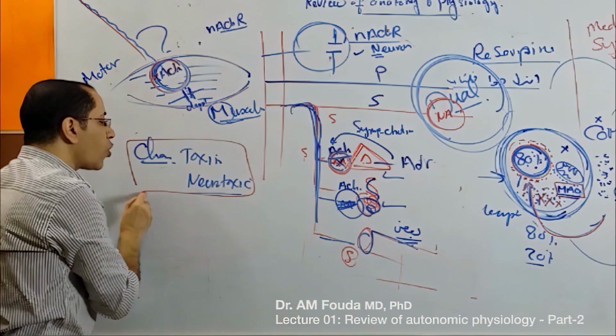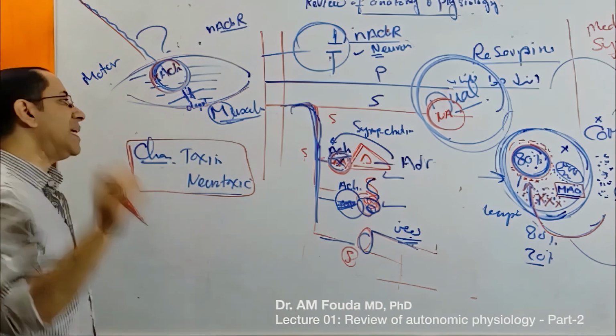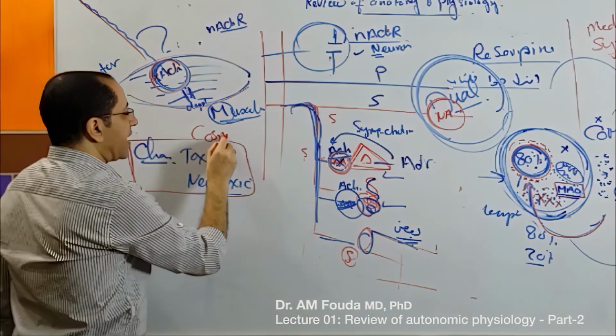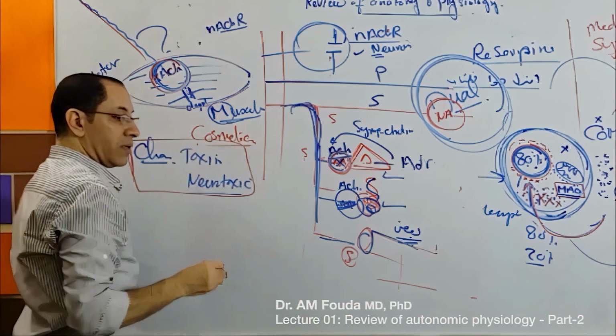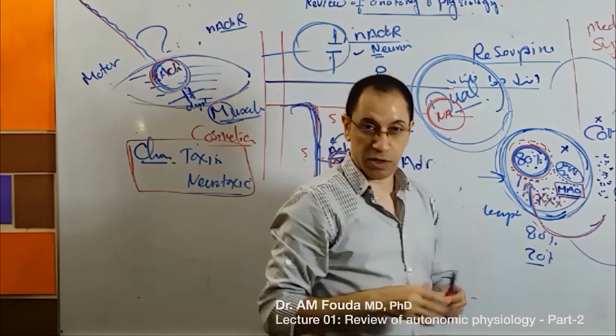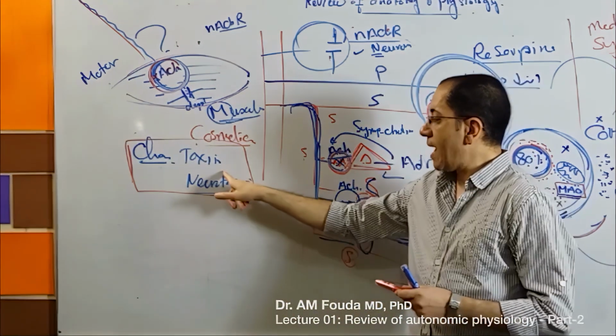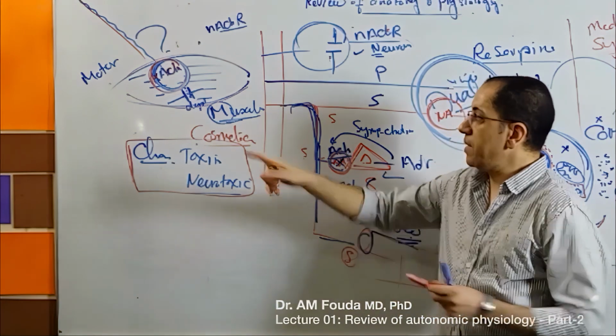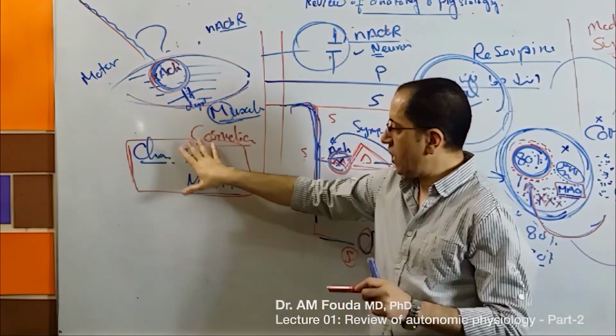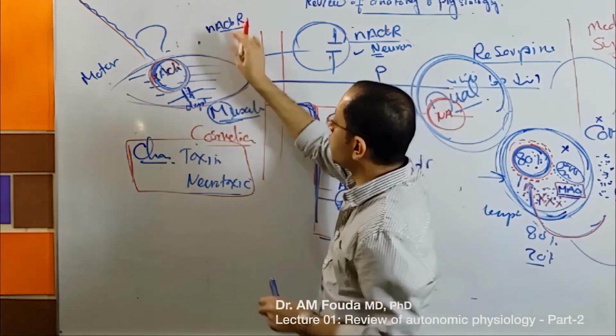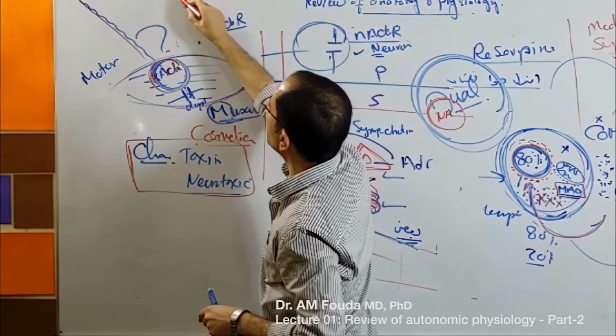That's why it causes paralysis. Now they are using this toxin in cosmetics, however, in very tiny amounts. This toxin that causes inhibition of acetylcholine release is termed botulinum toxin.